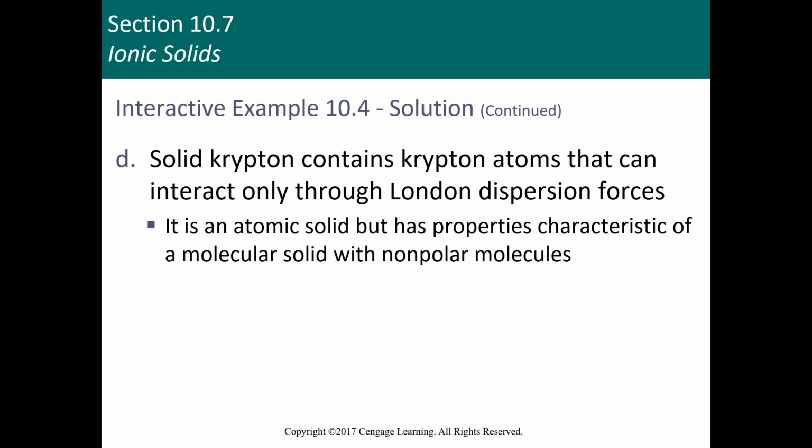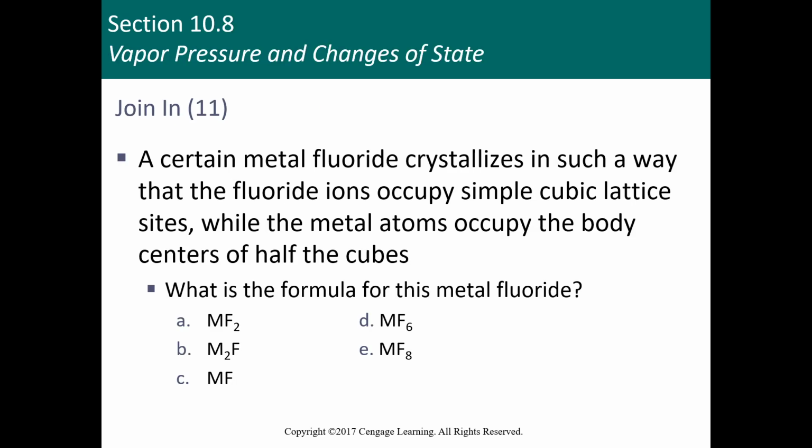Interestingly enough, krypton's kind of a weird one, and the noble gases tend to do these things. The noble gases tend to act like molecules unto themselves, especially once you get down low enough where they're fairly big. And so yes, krypton could be seen as both. I would actually say it's more like a molecular solid in the case of krypton.